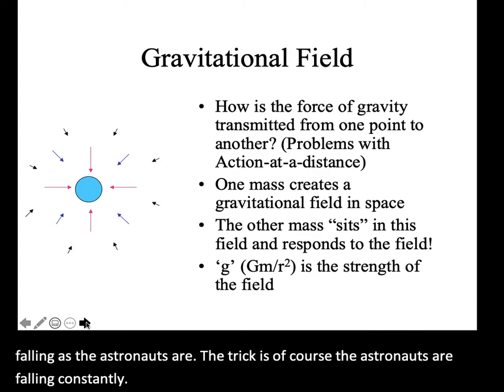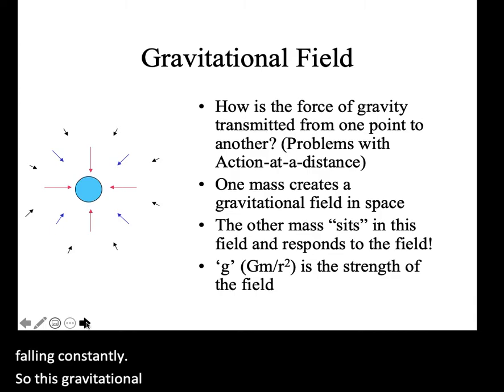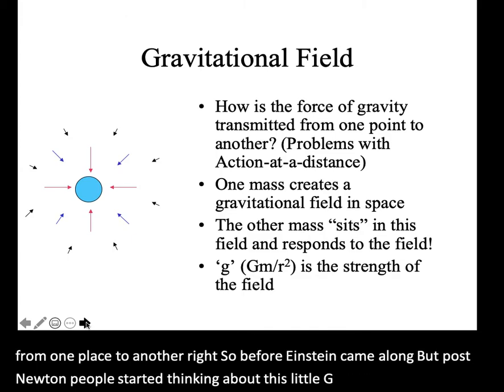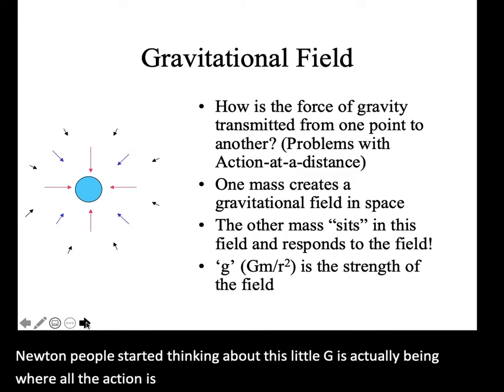So this gravitational field is an explanation for how gravity is transmitted from one place to another, right? Before Einstein came along, but post Newton, people started thinking about this little g as actually being where all the action is. That is the classical explanation of how the Earth knows that the sun is out there.